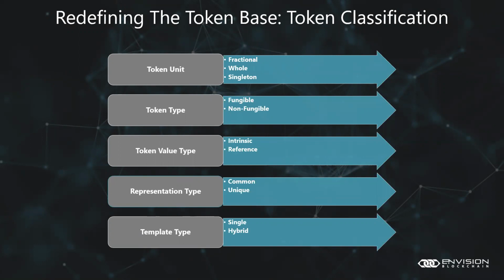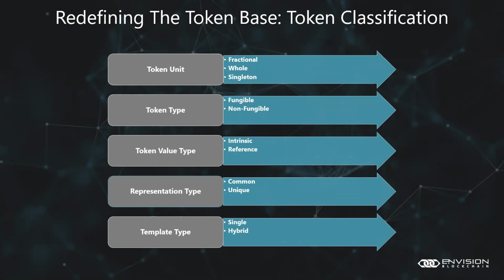Rather, let me take that back. A single would be a token where the template type doesn't have any sort of parent-child relation. So you can have a hybrid that would have a parent-child relation, where you can have a non-fungible token encumber or be a hybrid with multiple other different types of tokens that are underneath it. And that allows for us to have this hybrid template type.